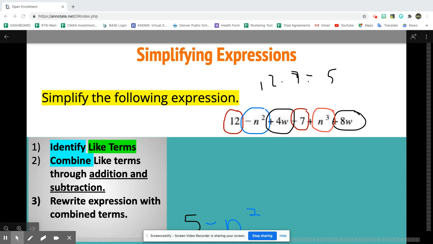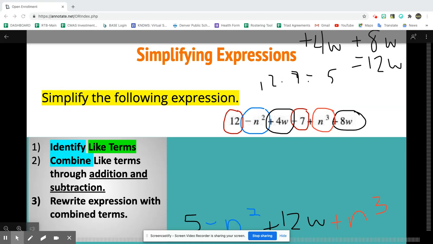I can combine my 4w and my 8w, so I have 4w plus 8w, which just means addition, which will give me 12w. So I'm going to put plus 12w. And then last but not least, I want to include my last term, which is n to the third power, which doesn't have another term to combine it with, so it's just plus n to the third power.